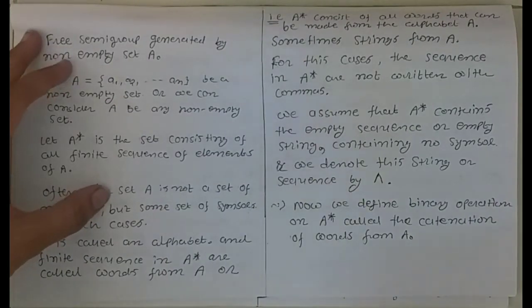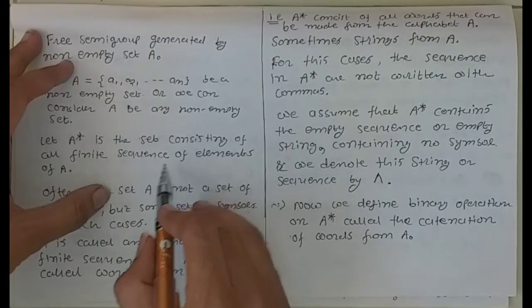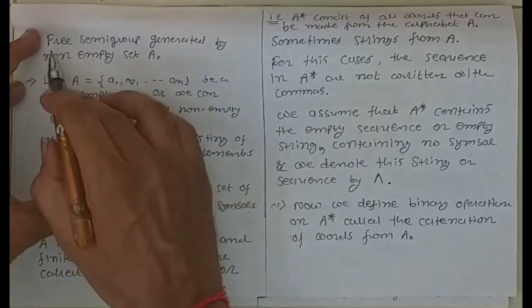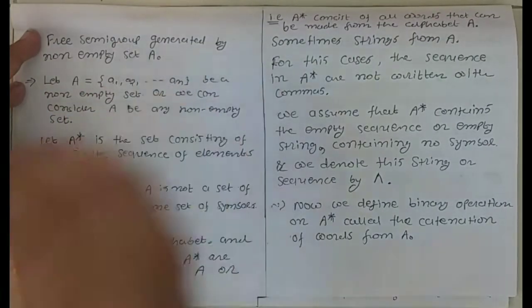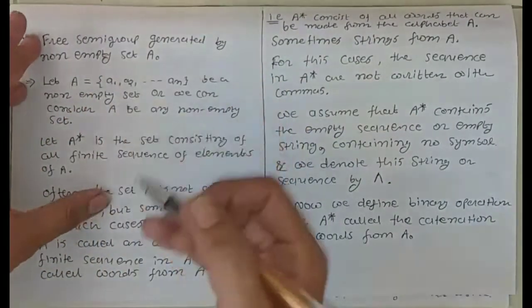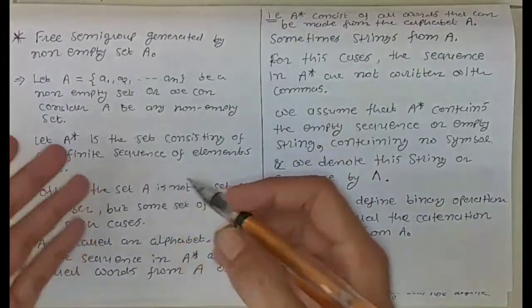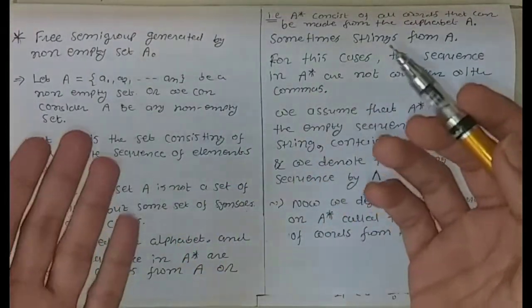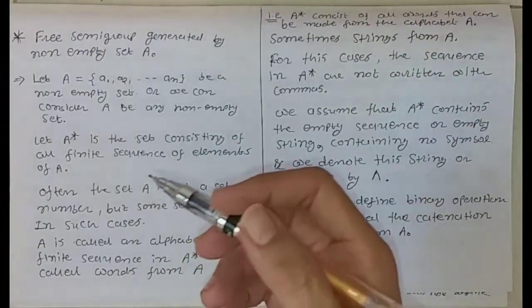Similarly SET has 3 elements, and OF has 2 elements. That means we have considered finite sequences. Here it is 2, here it is 3, here it is 4, here it is 9. So these are finite sequences, and all the words we have written are finite sequences from the English alphabet.